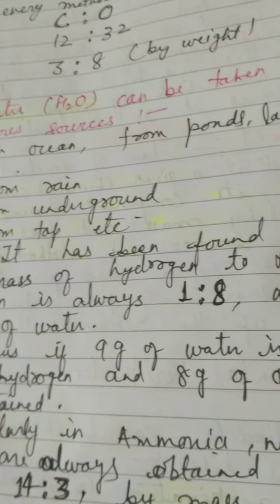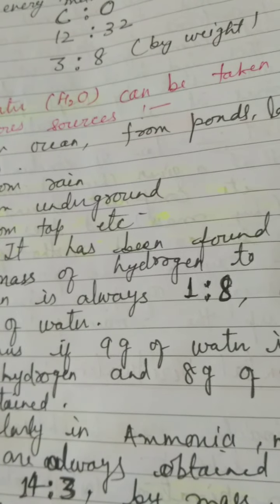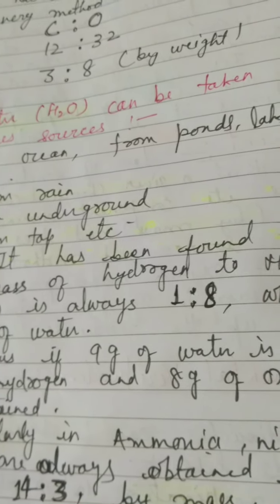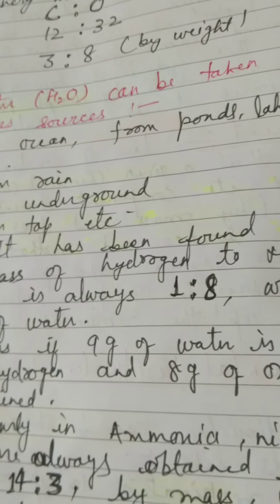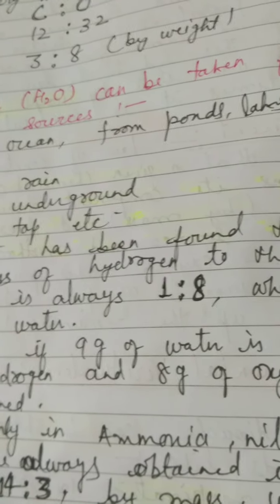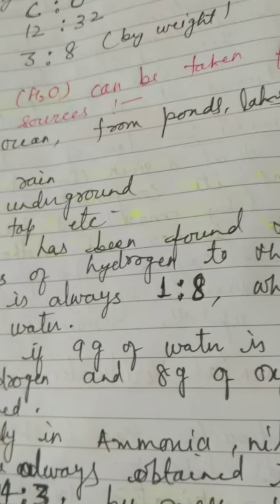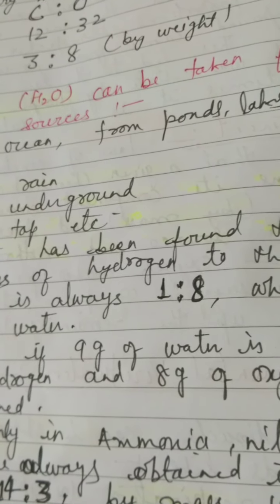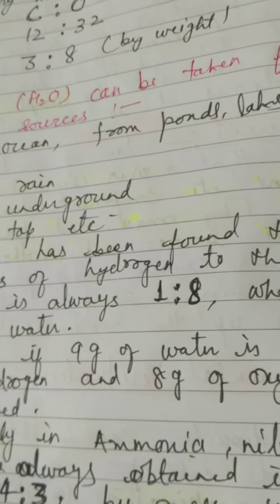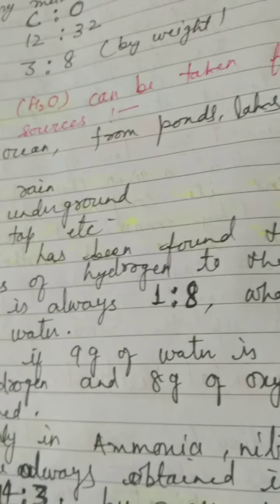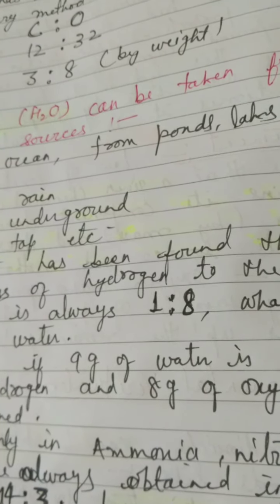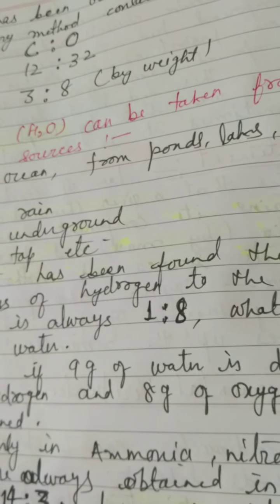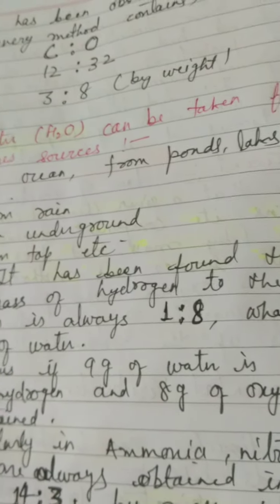This is the mass of the atoms which makes up the bulk mass, and for a particular compound the atoms are arranged in a particular way. The number of atoms of a particular kind will remain fixed, and that is why when we divide their masses, it also comes out as a fixed ratio.